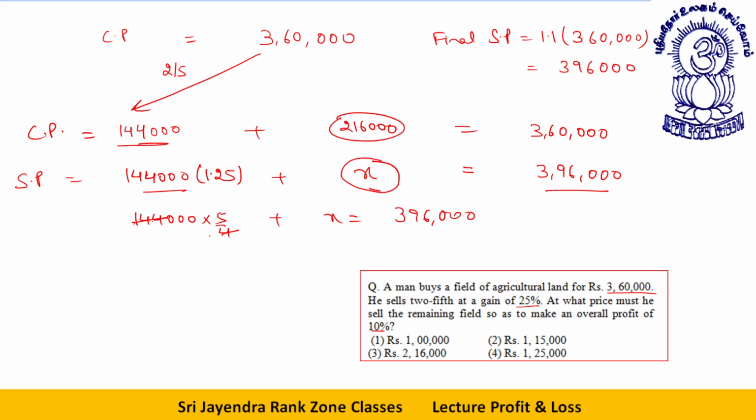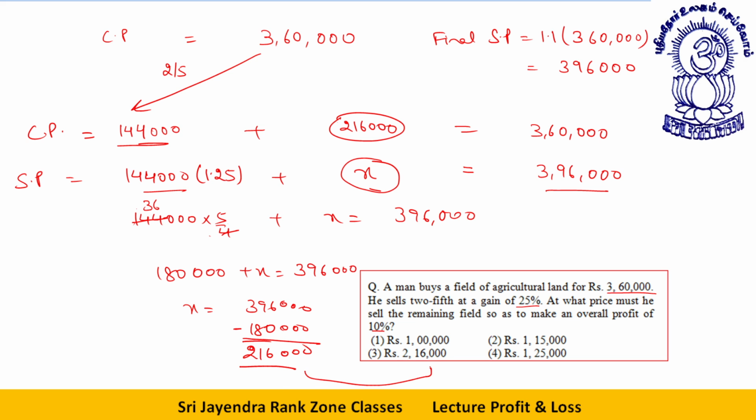If you cancel this by 4, you will get 36. 36 into 5 will be 180 followed by 3 zeros, plus X equals 3,96,000, or I can say X is equal to 396 minus 180, that will give you 216. All these will be followed by 3 zeros. So this is your answer. This is option number 3.